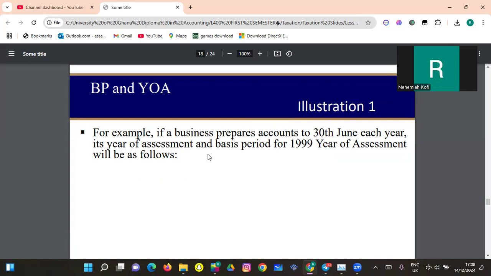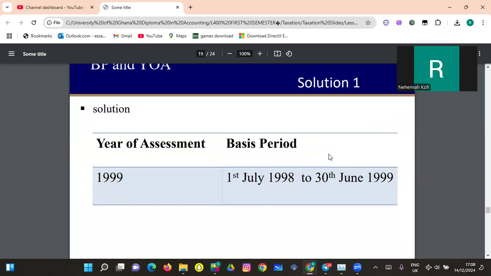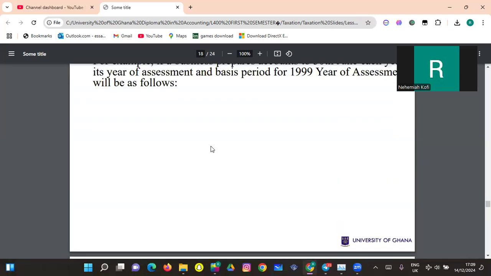Its year of assessment and basis period for the 1999 year of assessment will be as follows. If we want to assess his income in the year 1999, then it will start from 1st July 1998 to 30th June 1999. So you see the year of assessment, for example 1999, means that from the previous year to the current year is the income that you are assessing. That is what it means here.